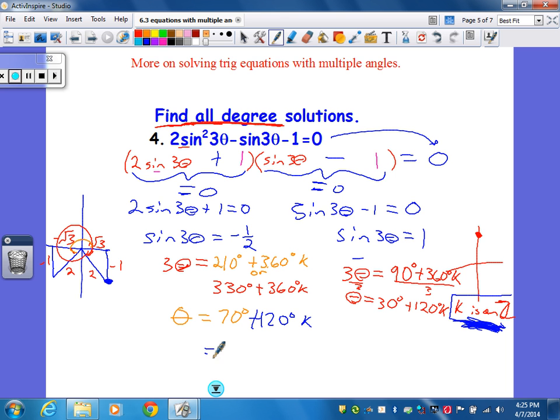And the other one is 330 divided by 3, which is 110 degrees, plus 120 degrees k. And what's that k mean? It's an integer. k has to be an integer. If you put a fraction in there, it is not going to work.